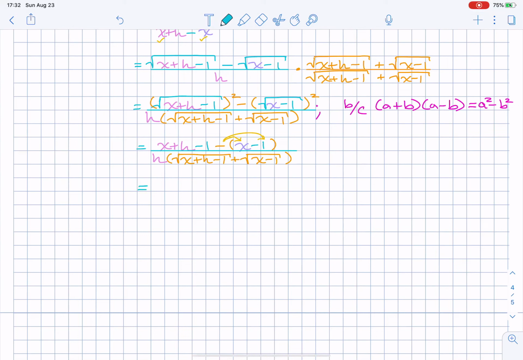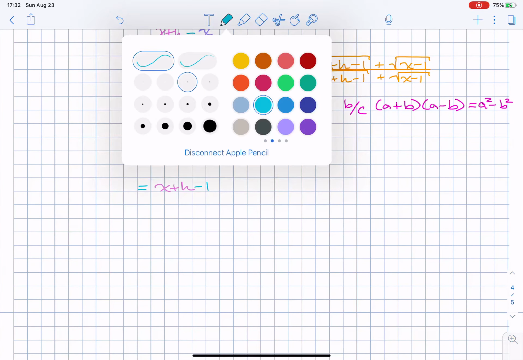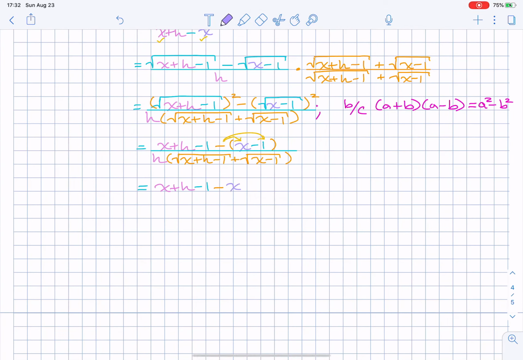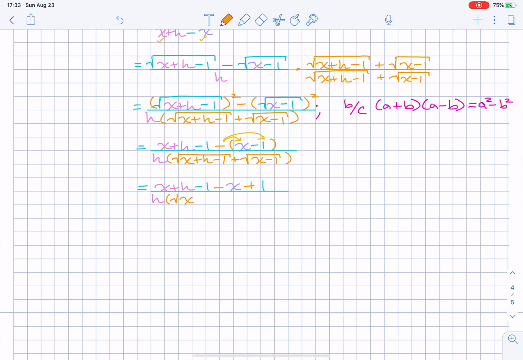So what do we get? We get x plus h minus 1. Then we get minus x and minus a negative, or plus 1, all over h times the quantity, the square root of x plus h minus 1, to which we're adding the square root of x minus 1, end parentheses.